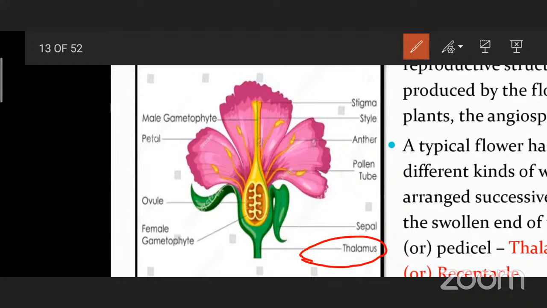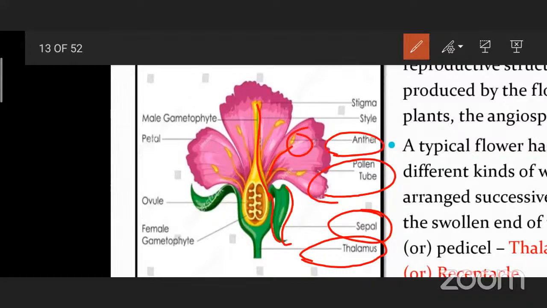This is thalamus. And second, a leaf-like structure, green in color, that is sepal. And a thread-like structure, that is filament, and a yellow, bilobed structure, anther. This is anther. And an elongated, tube-like structure, that is called style.